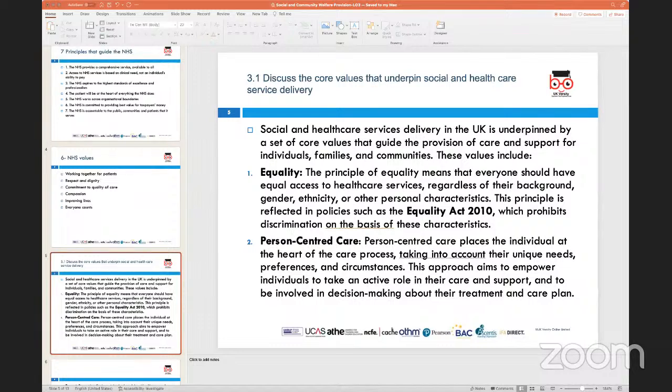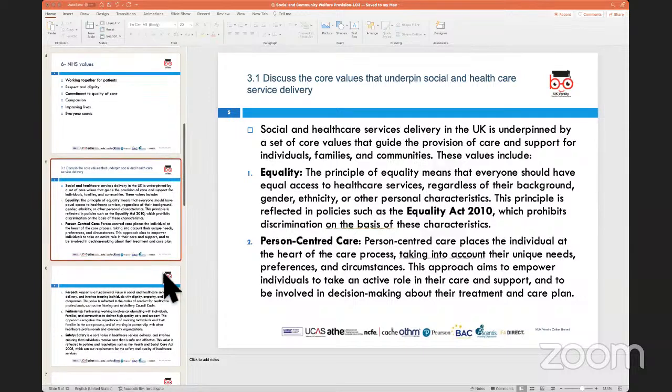All the information is provided to the patient and their families and their carers, and then they are able to make an informed decision in terms of how they want to proceed further when they are receiving the treatment. So this part relates to also the core values which underpin the delivery of health and social care, well-being services to the patient.